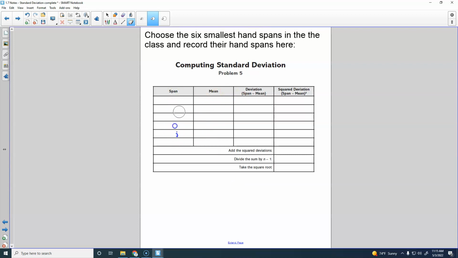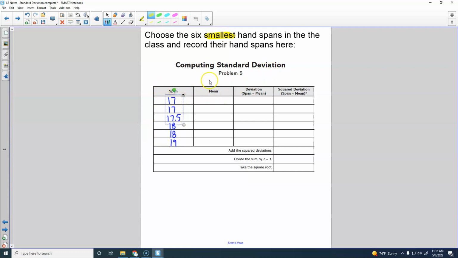All right, so for our class, we had 2 17s, a 17.5, and 2 18s, and then one of our 19s is going to be our next. This is for the 6 smallest right here, and then we'll do the largest, although we may just do it once.